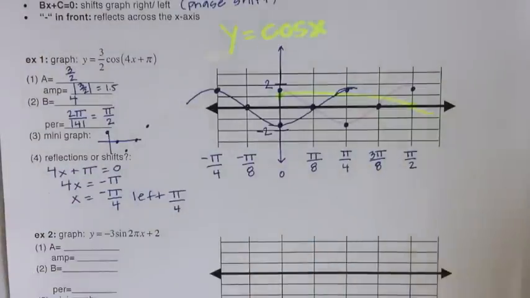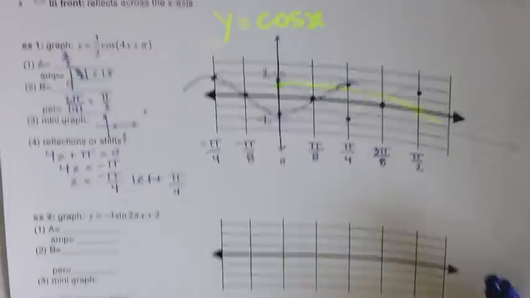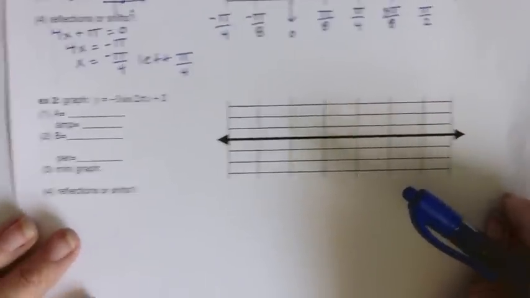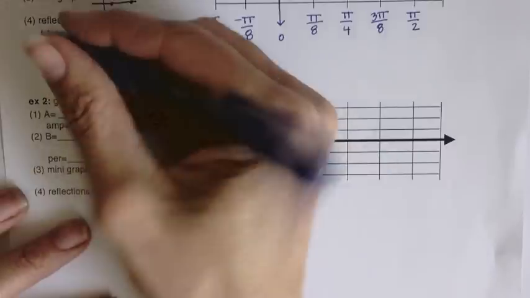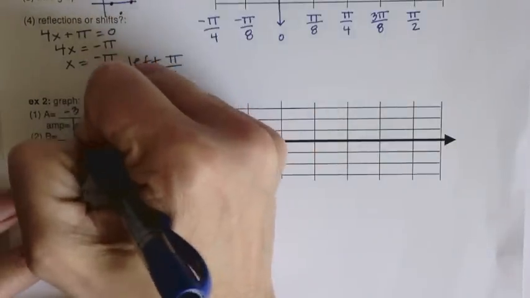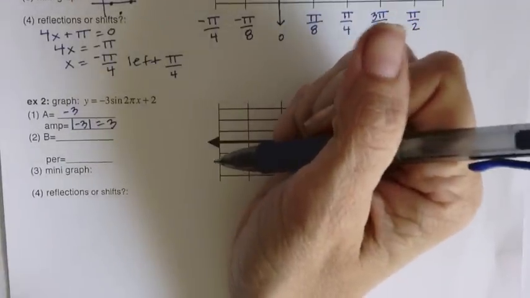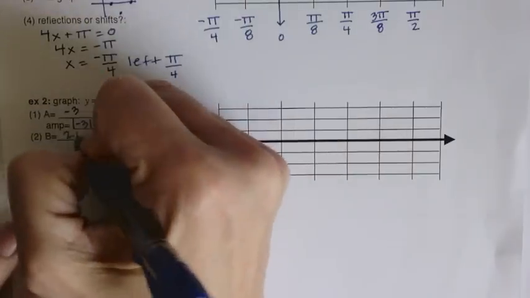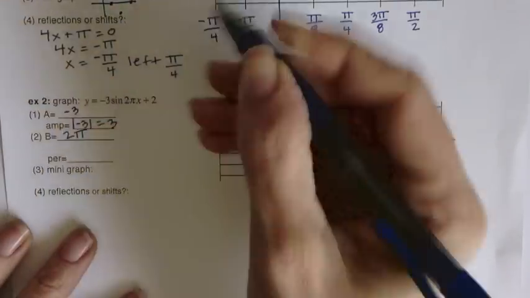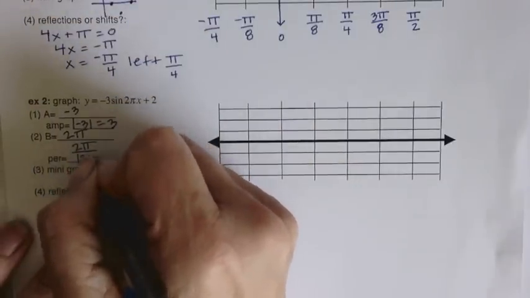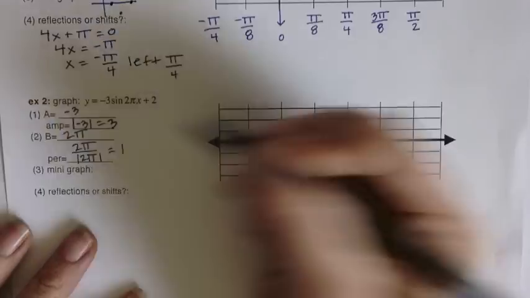Alrighty, moving on to our last one for just sine and cosine before we move on to secant and cosecant. I have a sine graph. So A is -3, but the amplitude is always positive, so it's got a 3 from the midline. B is 2 pi, that's the number before x. So my period is 2 pi divided by the absolute value of 2 pi, which is 1.